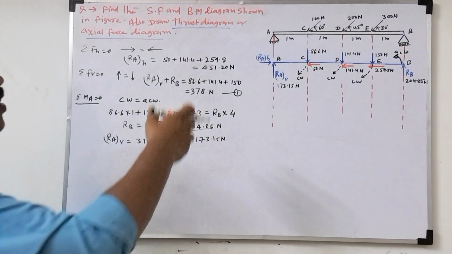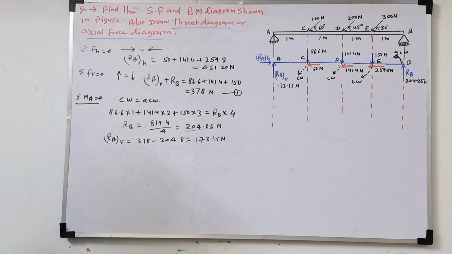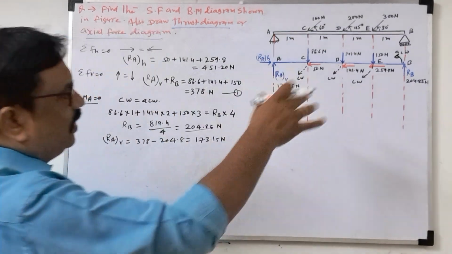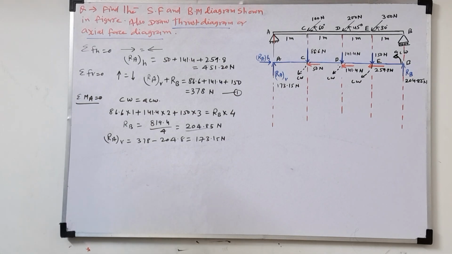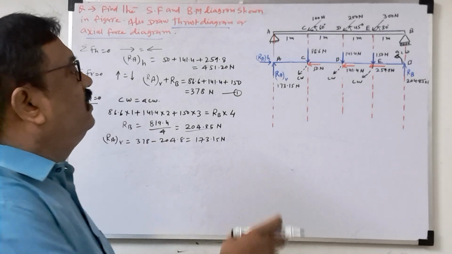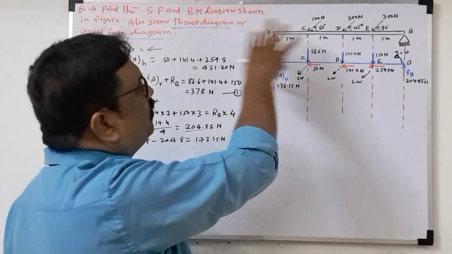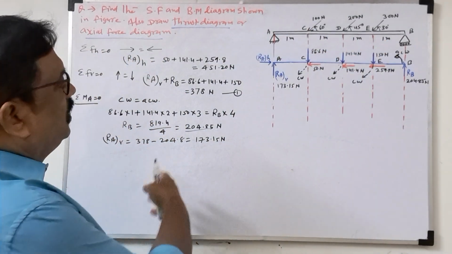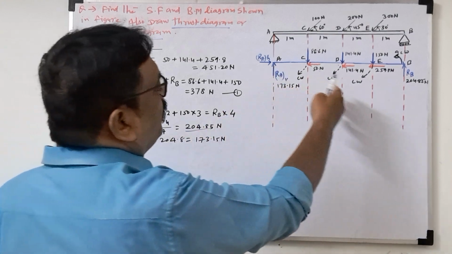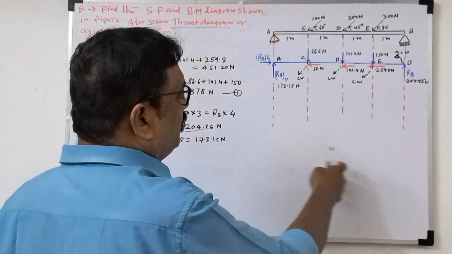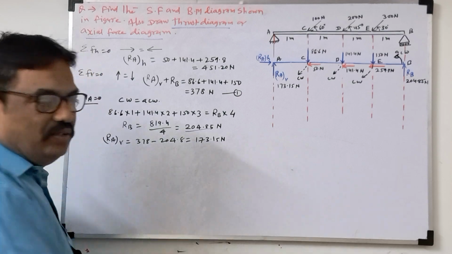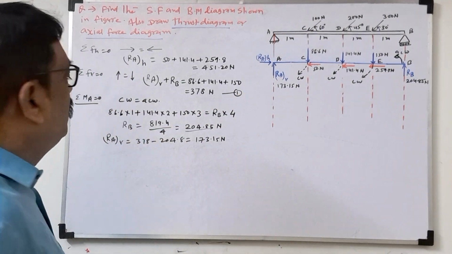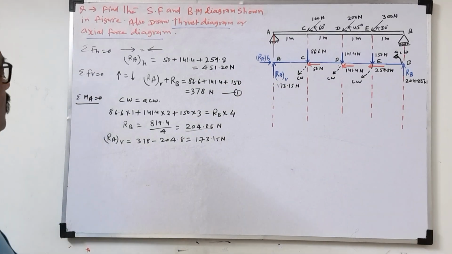Various objective questions in competitive exams, such as the GATE exam, they will give the same question and only ask what is the support reaction at B. So up to this you have to come. Or what is the shear force at point E, what is the bending moment at point C. Two or three questions they will give, and they will ask you to choose. So if you know the full solution, we can solve these questions also.